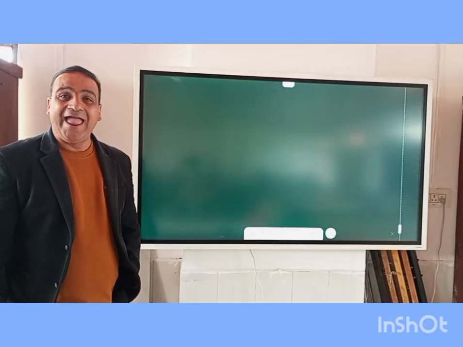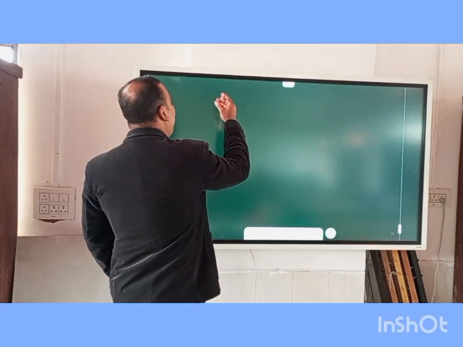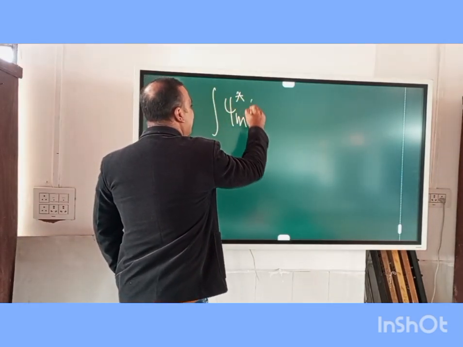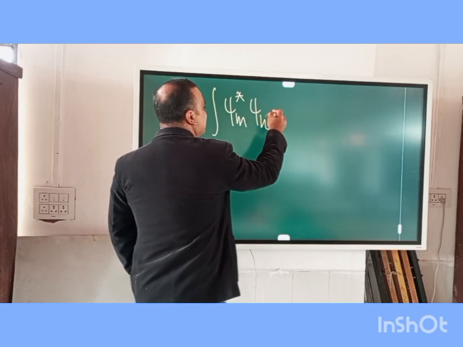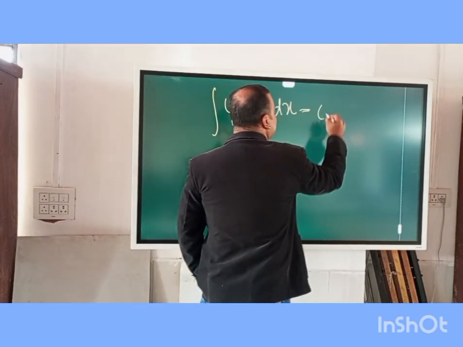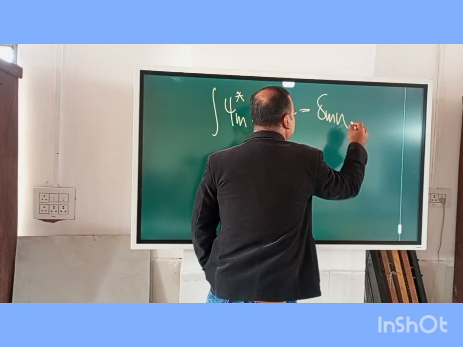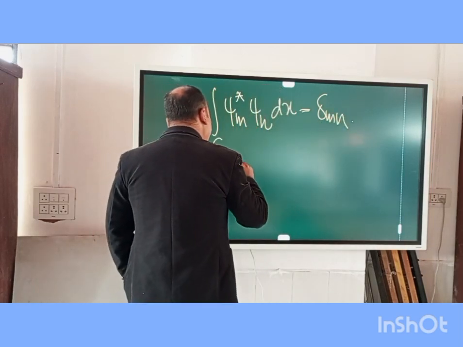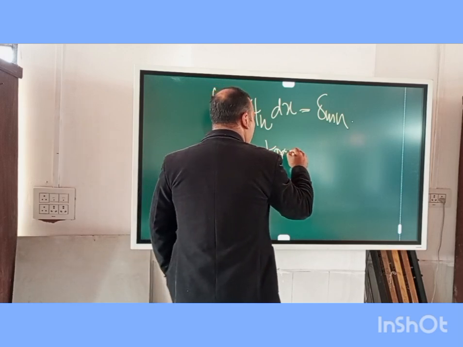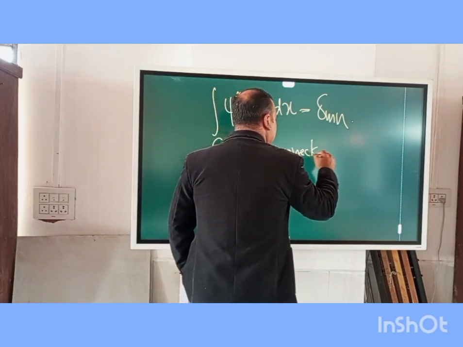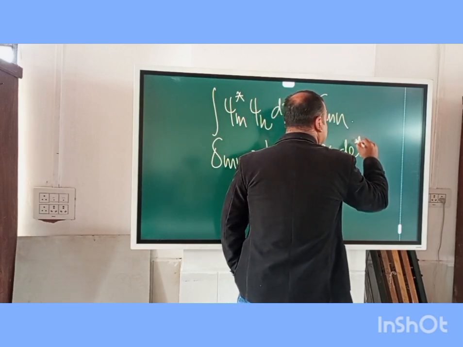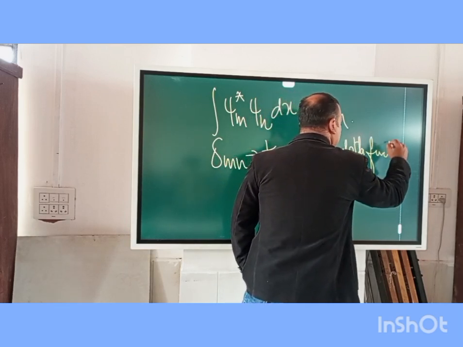So what I have is the integral of psi m star psi n dx. This must be delta mn. This delta mn is called the Kronecker delta function.